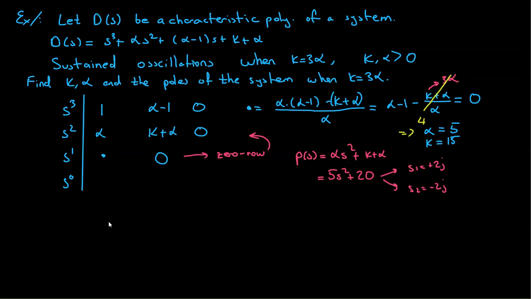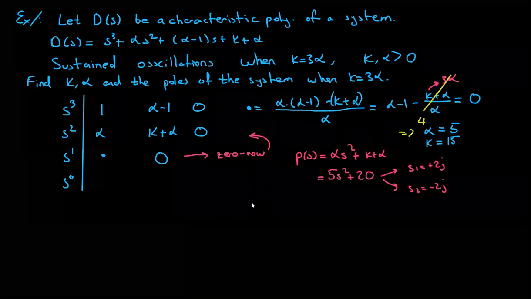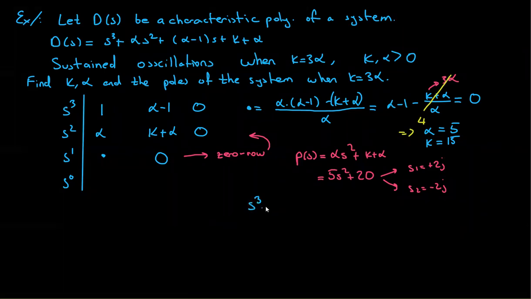Okay, so I can write down D of S itself over here. So I get S cubed plus alpha S squared, and alpha is equal to 5, so 5 S squared plus 4S plus K plus alpha, which is 15 plus 5, equal to 20. And divided by 5S squared plus 20.